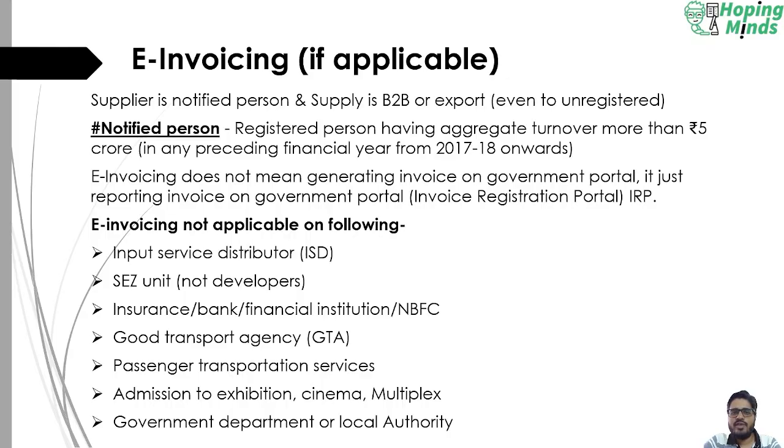So the provisions of e-invoicing are not applicable in case of input service distributors, SEZ units, insurance, bank, financial institutions or NBFCs, then GTA services, passenger transportation services, admission to exhibition, cinema or multiplex. Government departments or local authorities also don't come under the e-invoicing provisions.